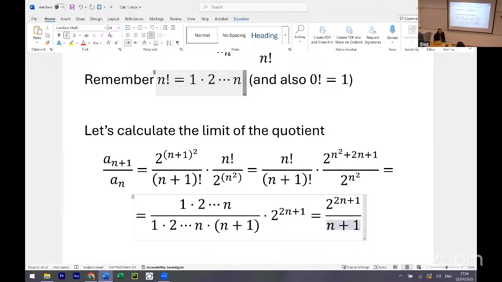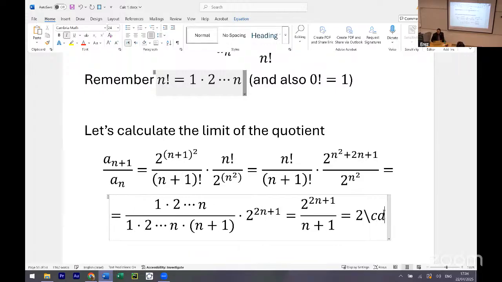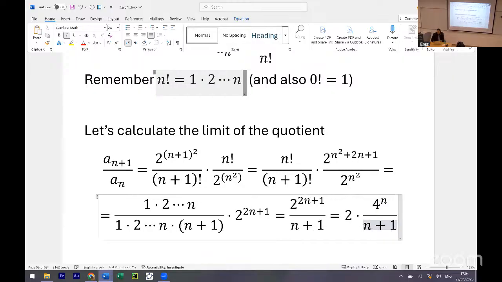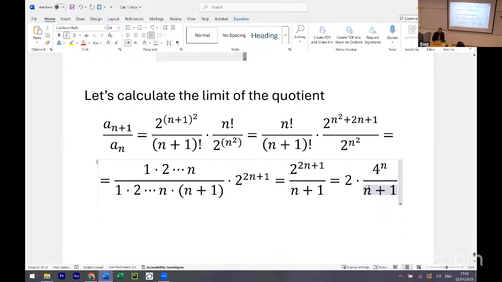Infinity. Why? Because we prove that 2 to the n over n tends to infinity. That's the basic thing. This we can prove.